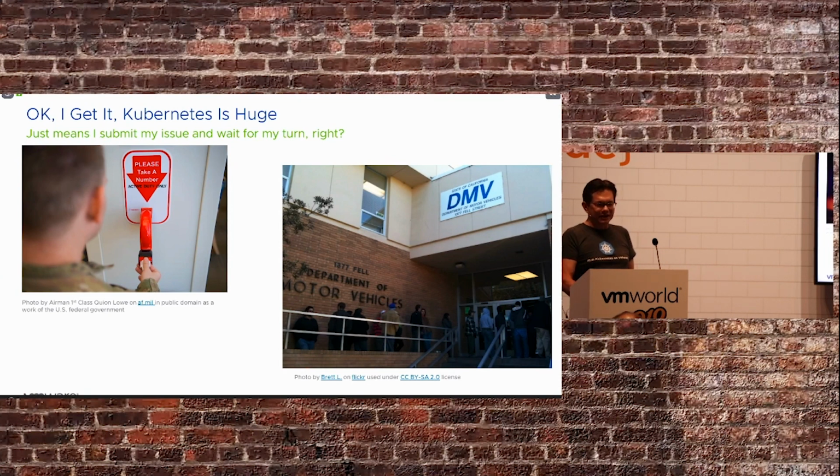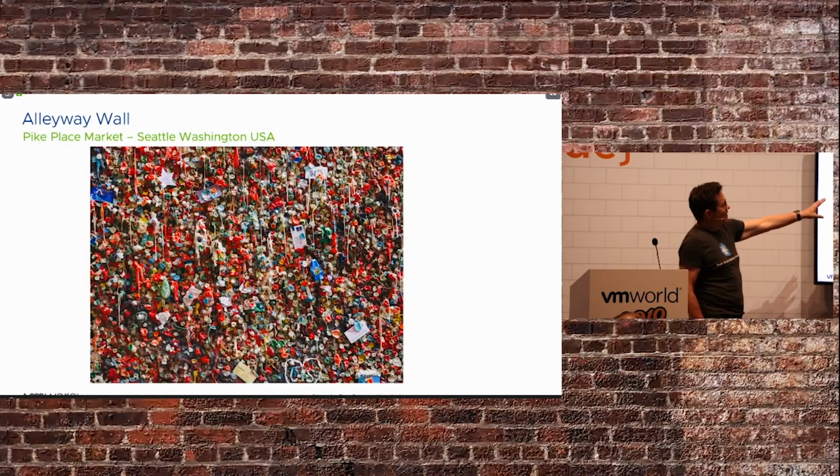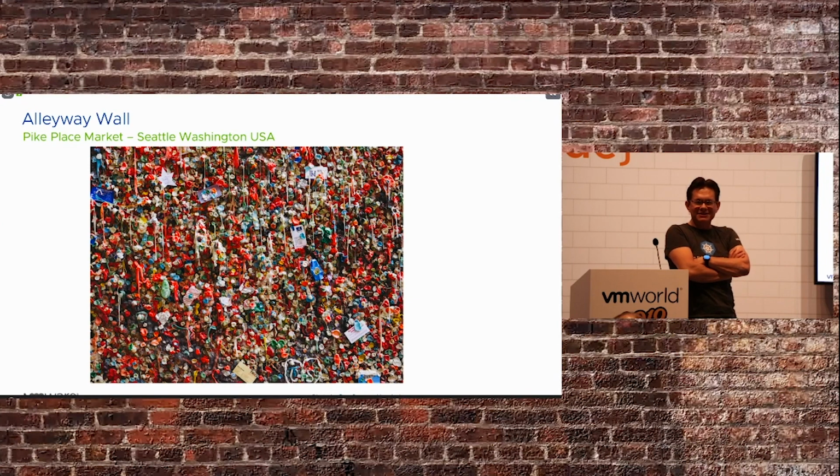You're going to put your issue into this huge project and aspire to get the attention of one of or several of these thousands of developers. This picture here is something that's in Seattle, Washington in the United States in an open air market they call Pikes Place.